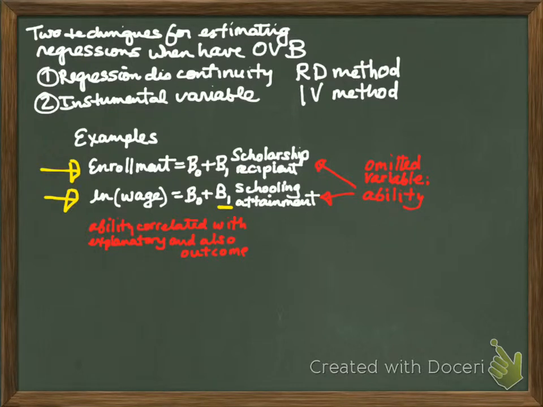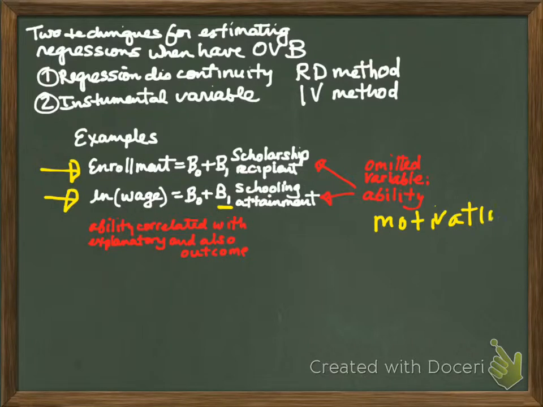We would like to know the plausible magnitudes for the effects here, but we have a problem, and the problem is that there's a pretty obvious omitted variable, which is the ability or motivation of the child.